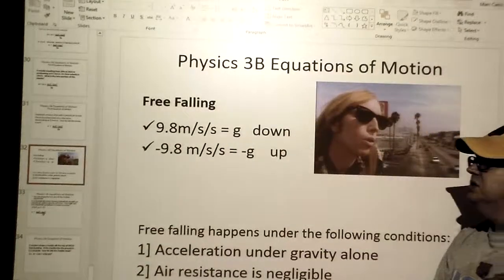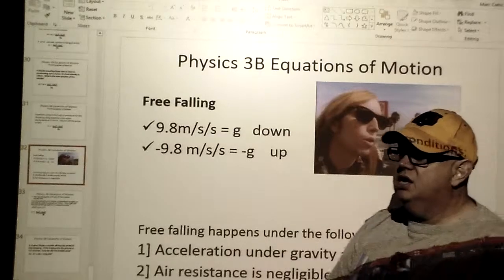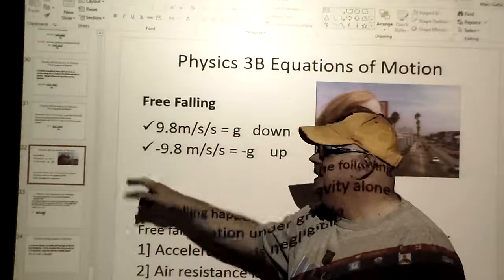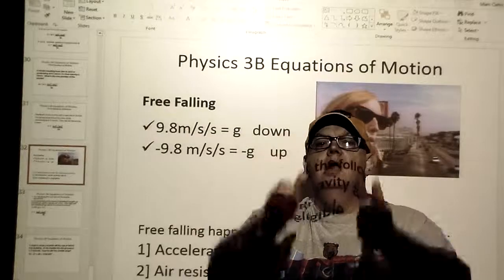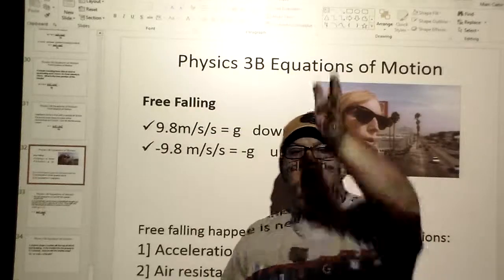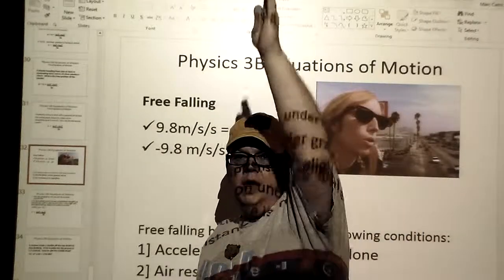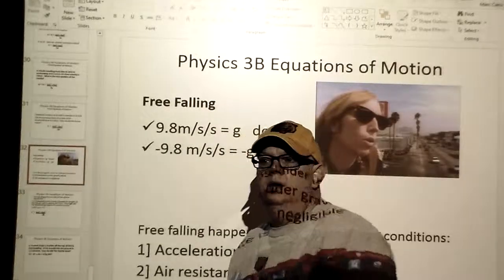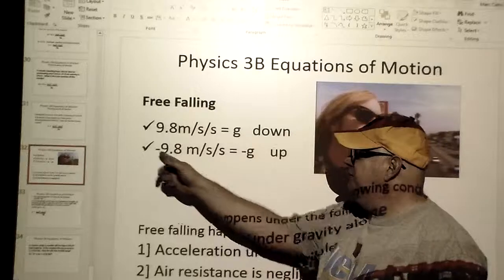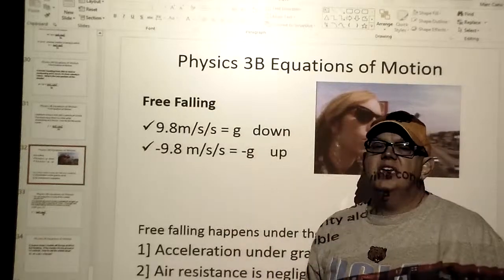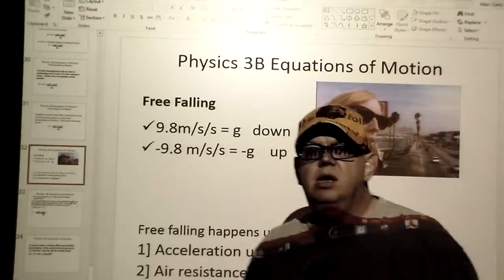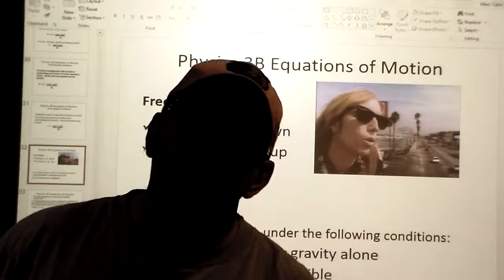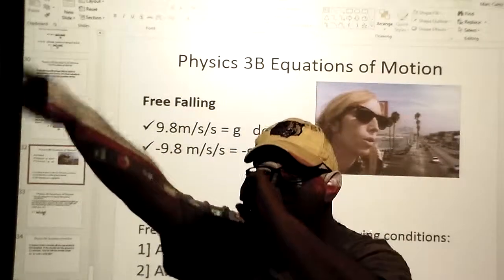Okay, so this is 9.8 meters per second squared. If it's negative, that tells us it's going up. The object is being thrown straight up, not at an angle, straight up. Okay, same thing if the object falls straight down. All right, that's a key thing. So if it's negative 9.8, that means it's decelerating, which makes sense because what goes up must come down.